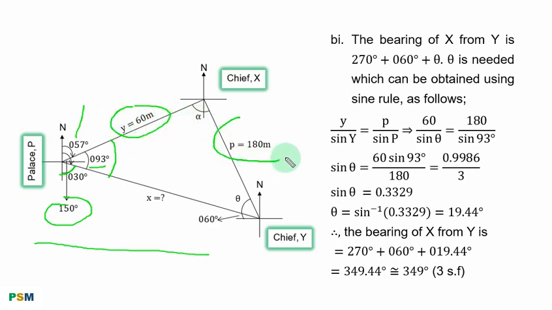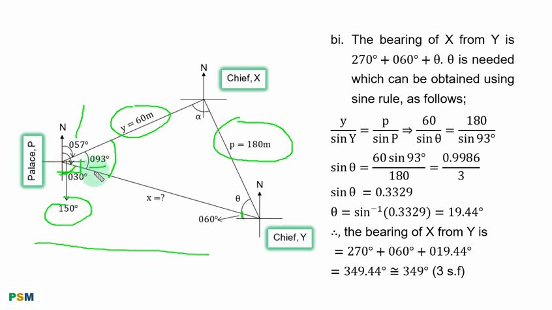You have 180 meters. This angle is unknown. It is alpha. This angle is unknown. It is theta. But from here to this line now, from here to here is 060 degrees. Why is it so? This quadrant is 90 degrees.